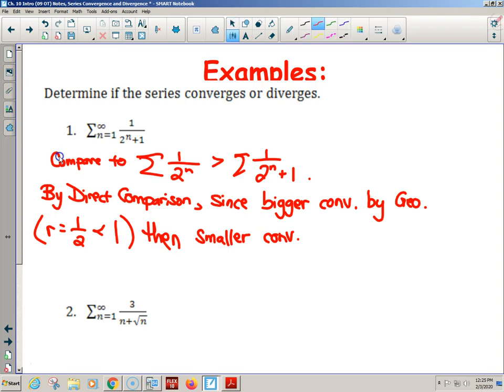And technically, I guess it would be a better placement for the parenthesis to be there, because direct comparison has nothing to do with geo or any other convergence test. It's its own thing. So since the bigger converges, this is the direct comparison test. My parenthesis would be like, how is it? If I needed to go through that, I would go ahead and state which test I'm using and why.